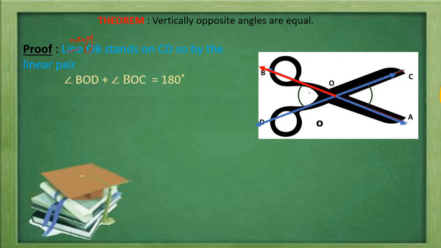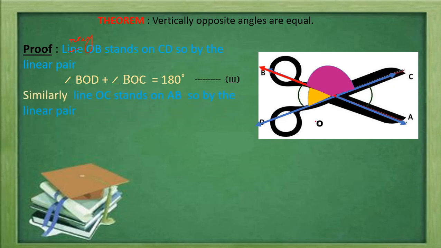That means again we get a pair of angles. So these are linear pair angles. That means the sum is 180 degrees. So here we get angle BOD plus angle BOC is 180 degrees. So this one is our next equation number 3.